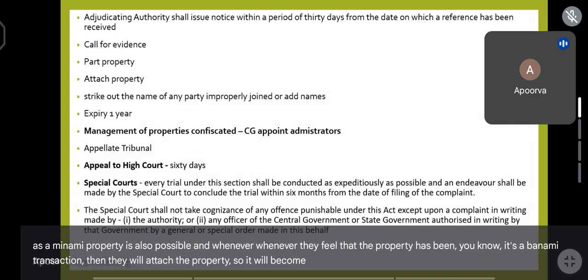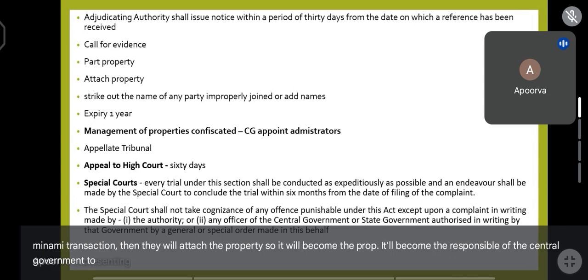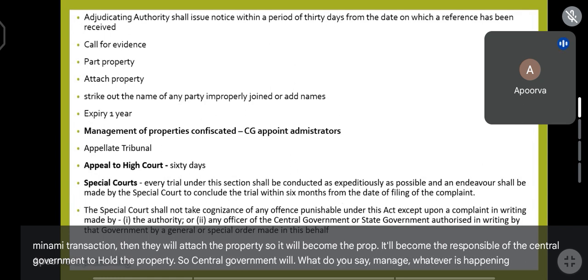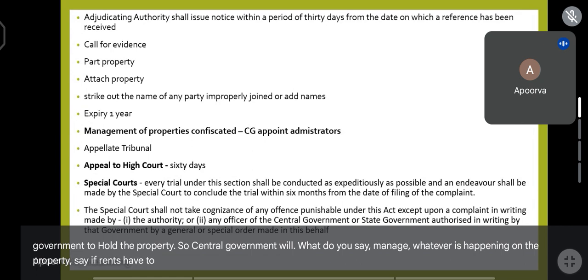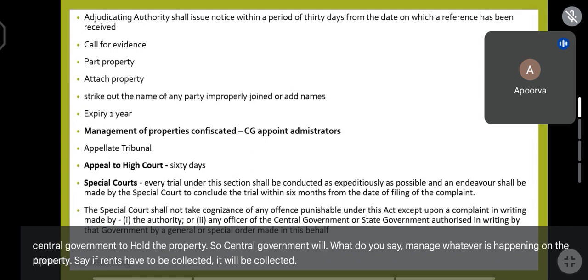It then becomes the responsibility of the central government to hold the property. The central government will manage whatever is happening on the property. If rents have to be collected, the central government will be responsible for collecting those rents.